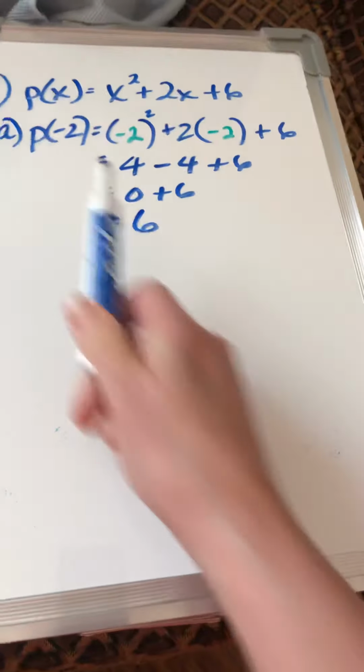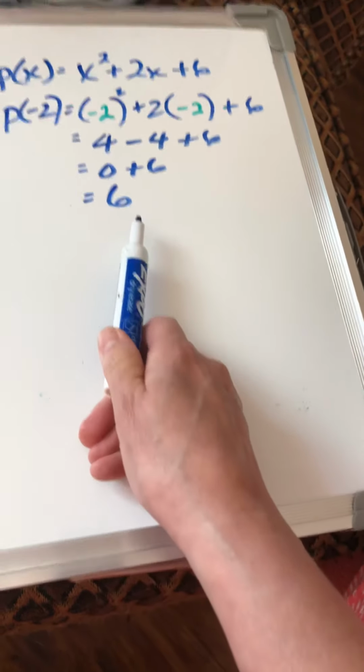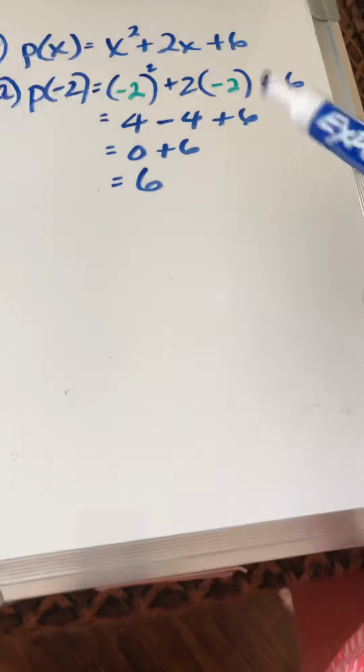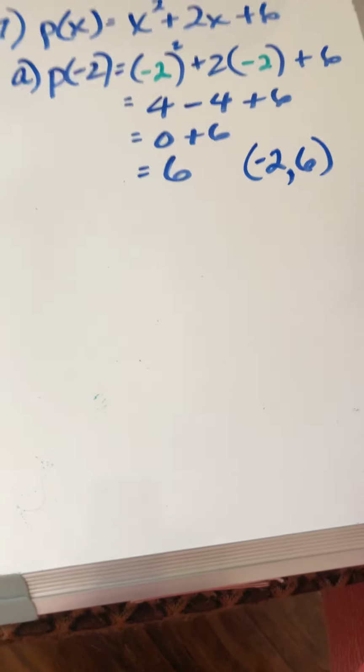All right, and so what that essentially says is that when x is 2 in this function, y equals 6. It's the same as having this point somewhere on this graph.